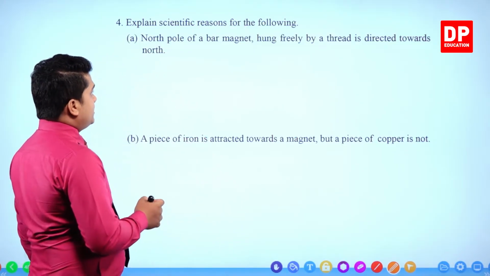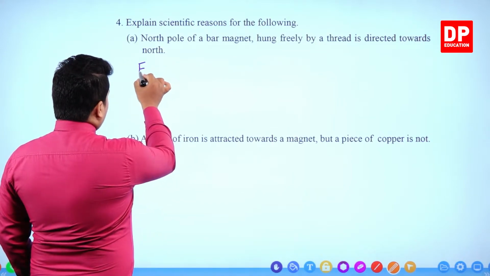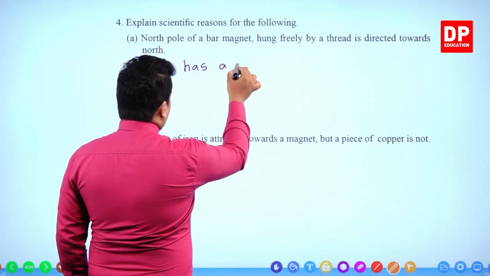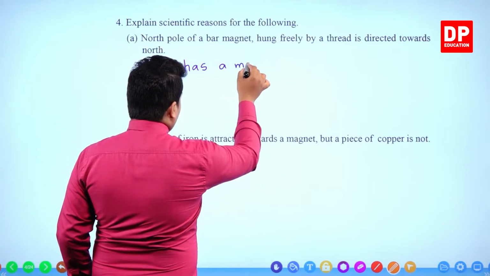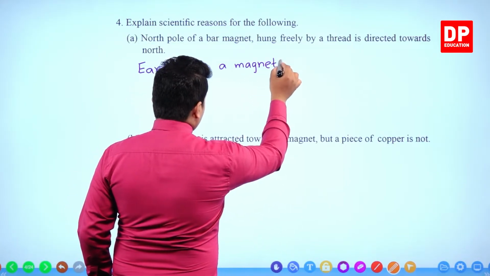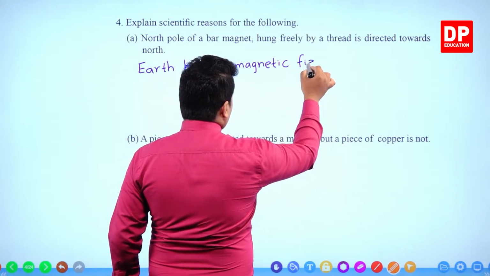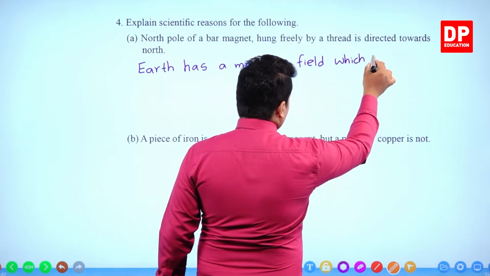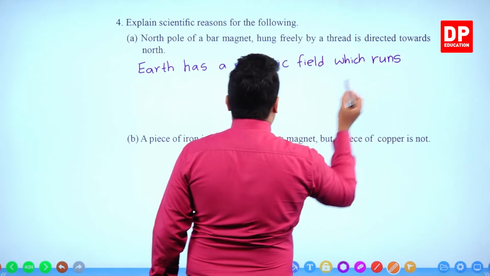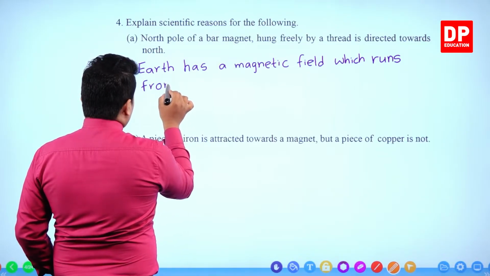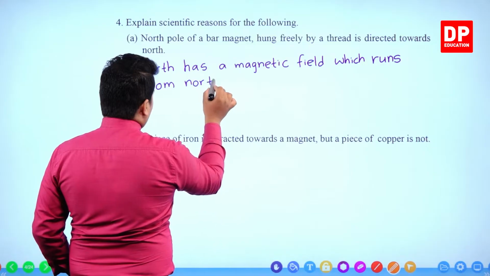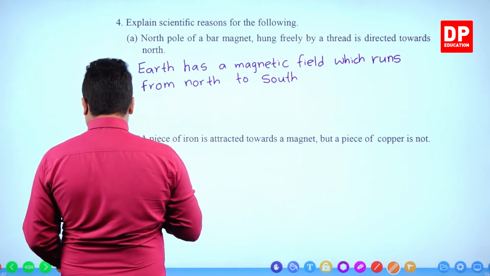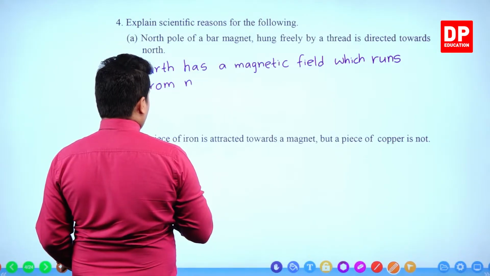So we can write the answer: Earth has a magnetic field which runs from north to south pole, which runs through north and south directions.